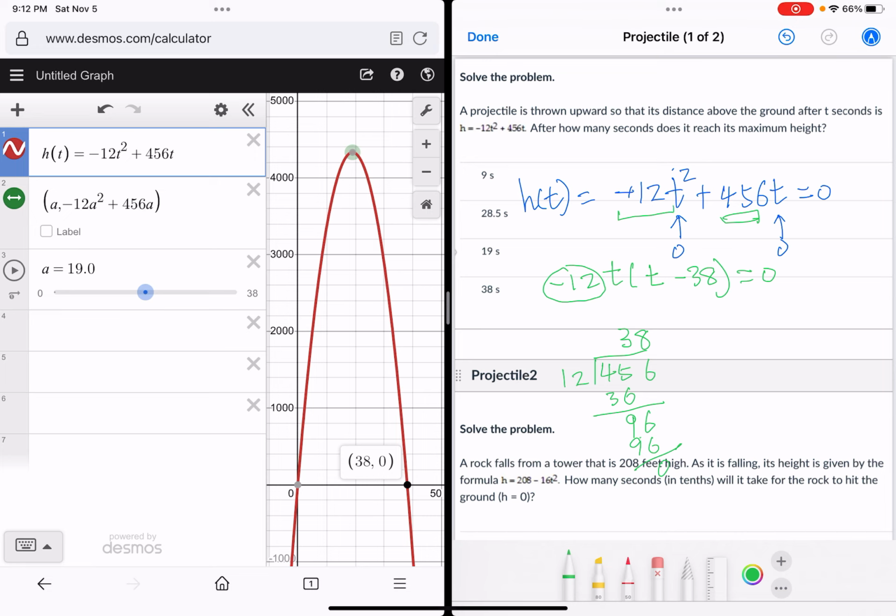Again, negative 12t times 38 gives you this one. So you do factoring. Pull this negative 12t out. Then you will have t minus 38 is 0. This will give you t is 38.